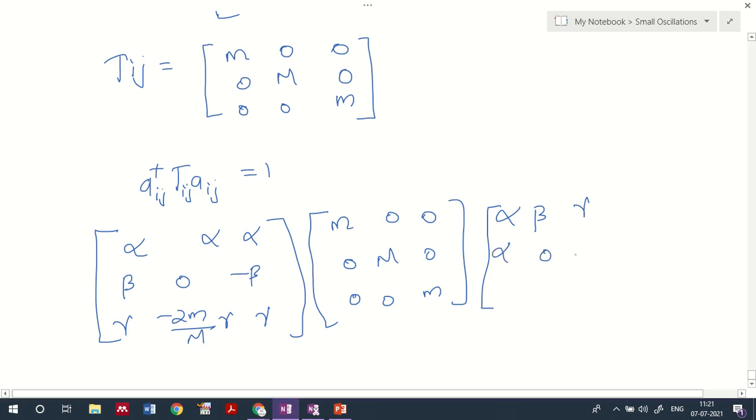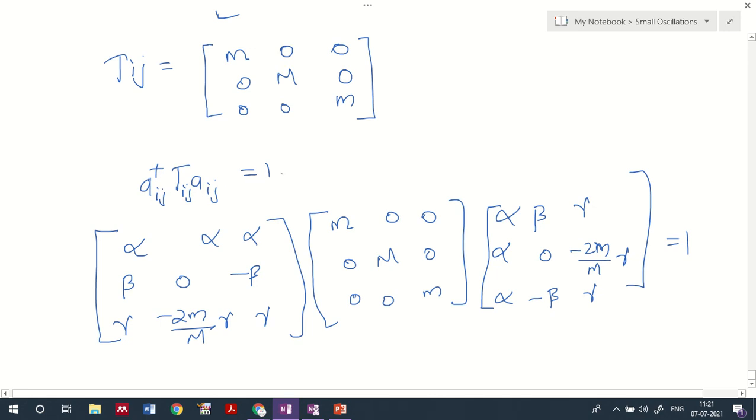You can try this out yourself by taking Aij transpose Tij Aij, which will be equal to 1.